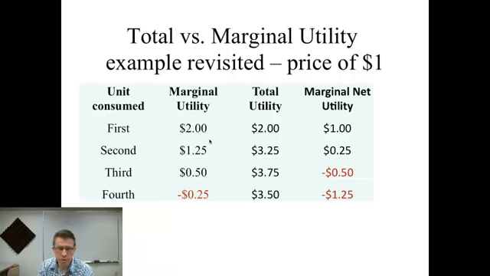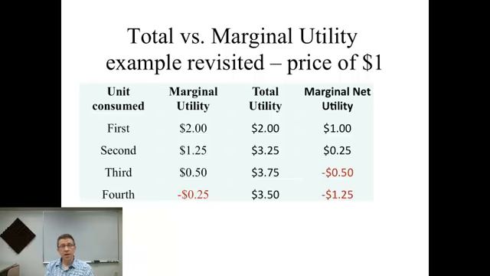But if you only buy 2, you get $3.25 in satisfaction, and you only spent $2. Your total satisfaction is $1.25. It's 50 cents more than if you bought 3, which is exactly the marginal net utility of the third unit. It would be negative if you bought the third unit.